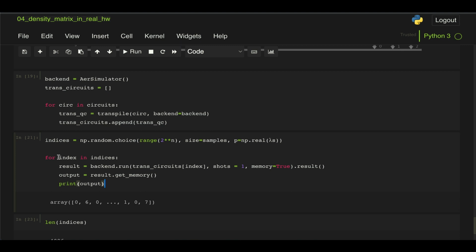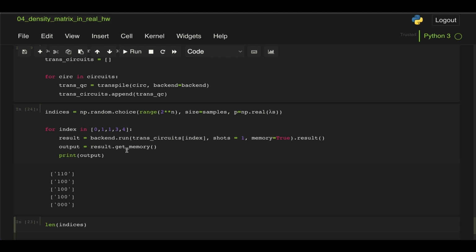And I'm going to run this quickly and basically just print this output. But let me just do this for a smaller example so we can see what's going on. So instead of the whole 4,096 list of indices, I'm just going to do 0, 1, 1, 3, 4. So this will run circuit 0, then circuit 1, then circuit 1, circuit 3, circuit 4. And I just want to show what the outputs of this simulation look like.